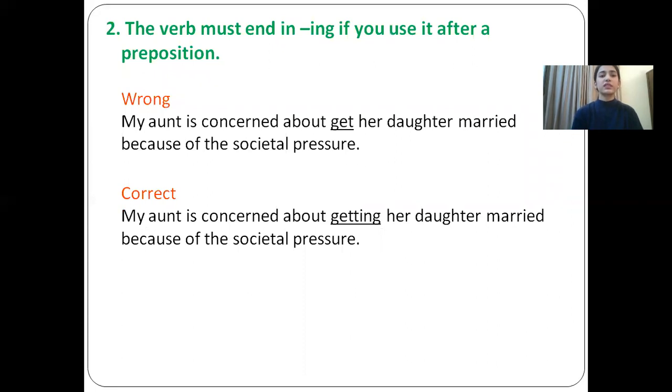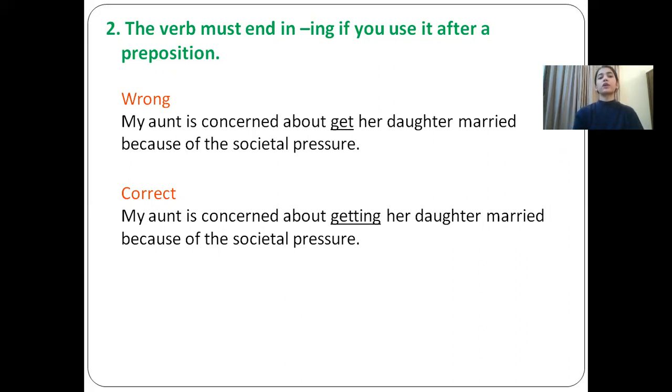Now, the second mistake is that the verb must end in ing if you use it after a preposition. And such verbs are also known as gerunds. After a preposition, if you are using any verb, it needs to be in the ing form. For example, a wrong version is going to be, my aunt is concerned about get her daughter married because of this societal pressure.